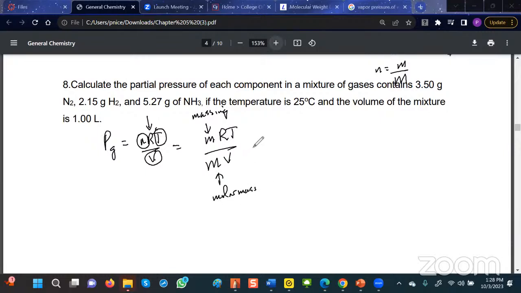You see what I'm saying? So basically, this is the equation that you could use to calculate the partial pressure of each of these gases, because in each case, you're given the mass in grams, and you can determine the molar mass and just plug those numbers into that equation, and you can get the pressure of each gas.